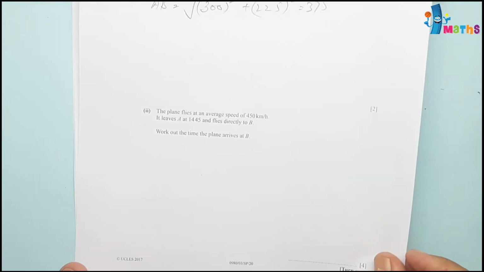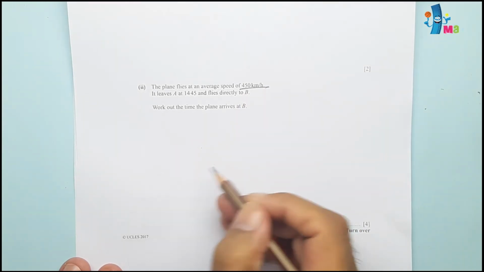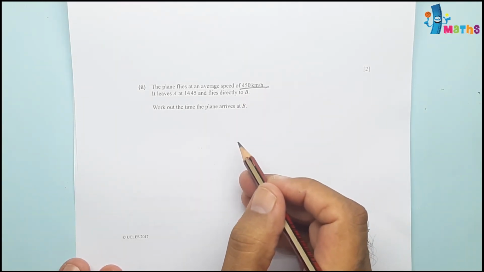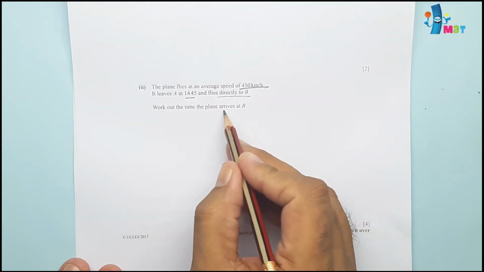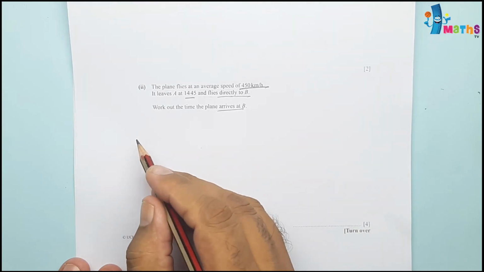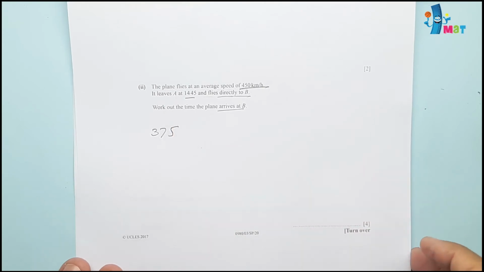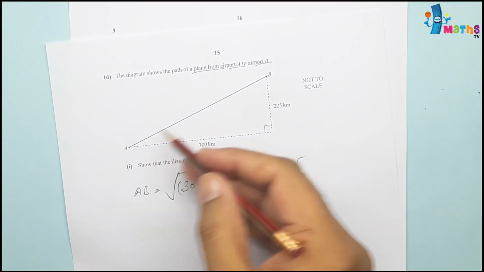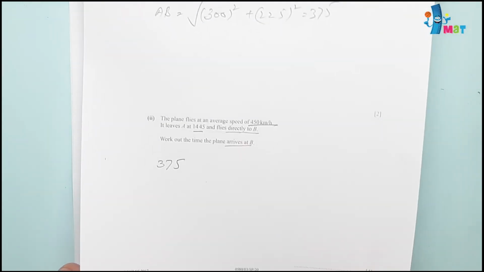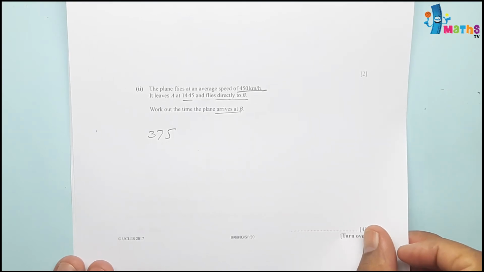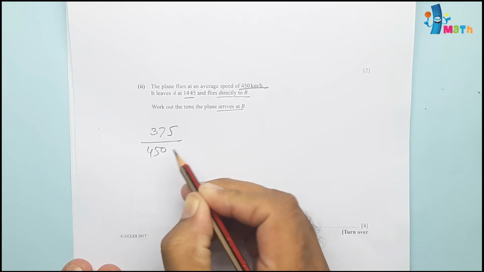And the plane flies at an average speed of 450 km per hour, and it leaves A at this time and flies directly to B. Work out the time the plane arrives at B. So 375 kilometers is the total distance from A to B, which we found in the previous part, and this distance is covered at the speed of 450 kilometers per hour.